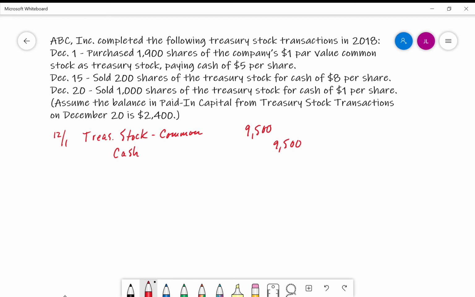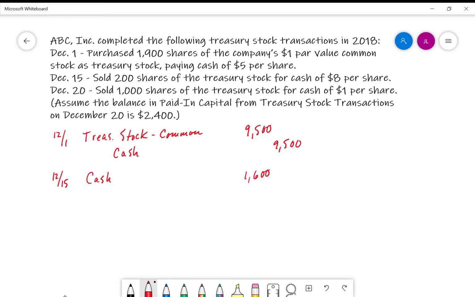Now on December 15th, what we're doing here is we're selling 200 shares for $8 per share. So of course, if we're selling it at $8 per share, then we know we're getting cash of $1,600. And since we're selling this, we have to look back at what we purchased this stock for.